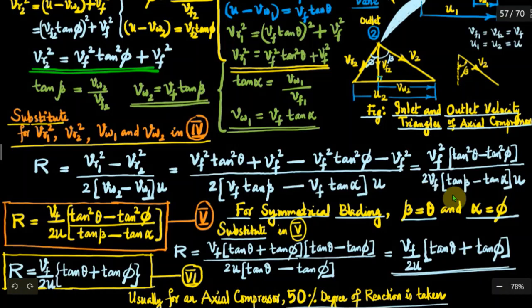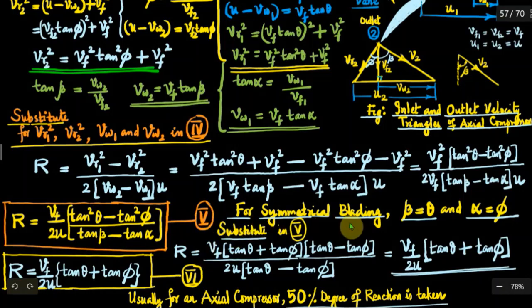So, 2u is outside, 2u Vf into tan beta minus tan alpha. So, this is the expression written over here: R is equal to Vf by 2u into tan square theta minus tan square phi divided by tan beta minus tan alpha. This is named as equation number 5.